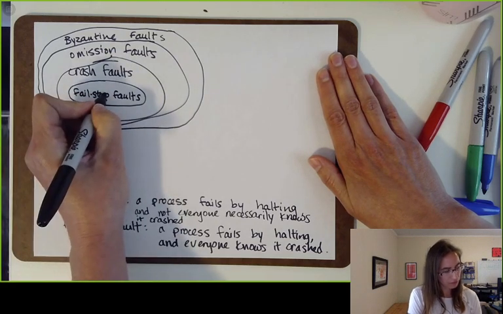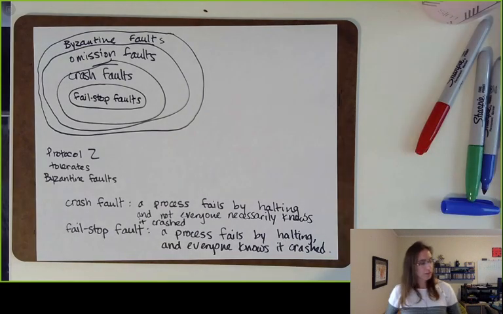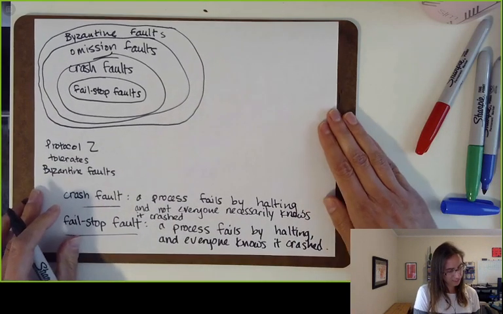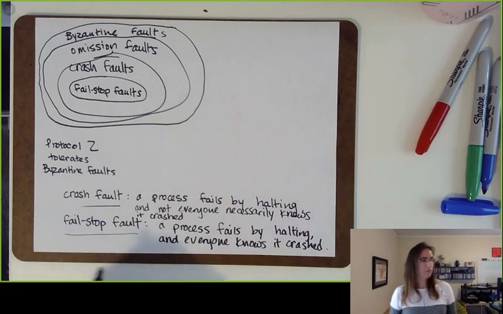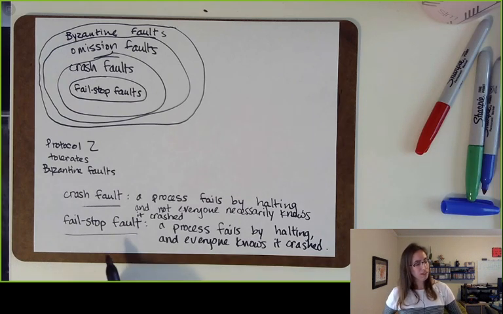I didn't put that one in the list before because it didn't come up when we were classifying those faults that could occur in that exchange of messages between M1 and M2. So fail-stop is kind of an unrealistic fault model because in practice, processes don't announce that they're about to crash.